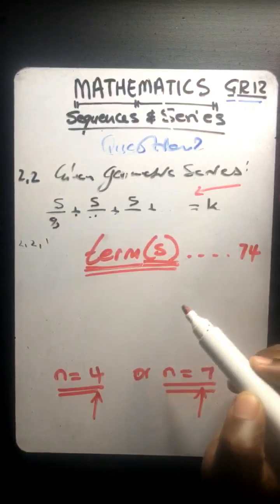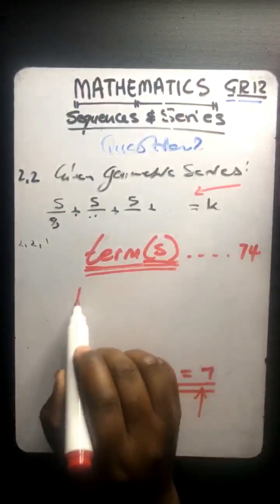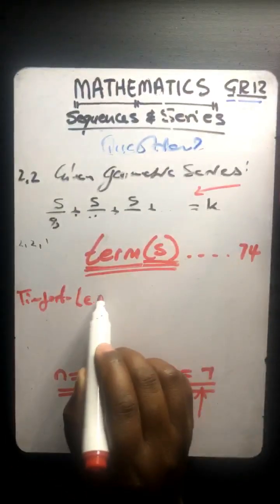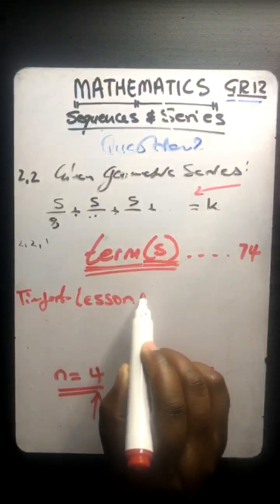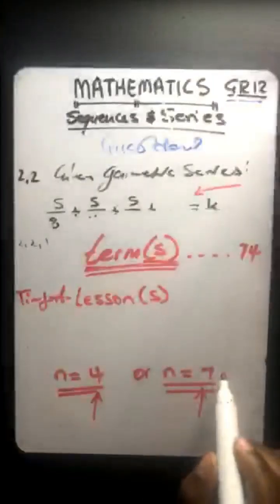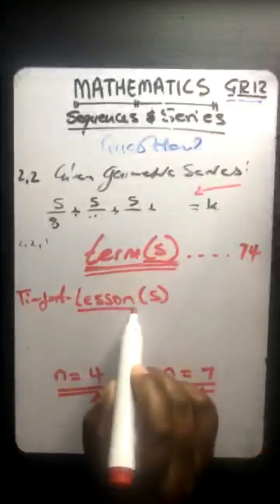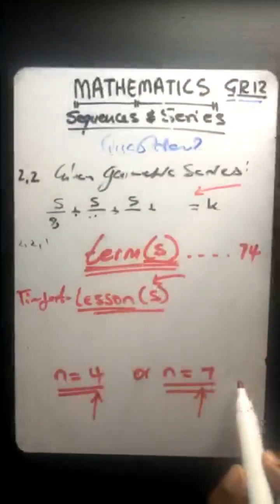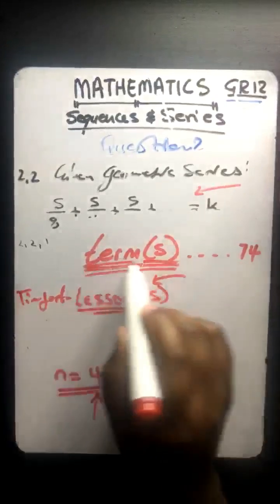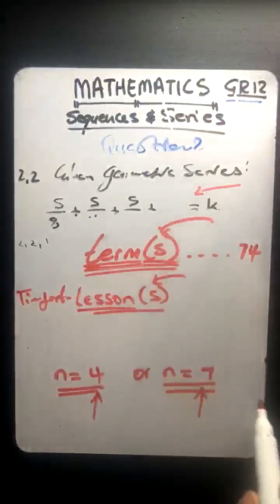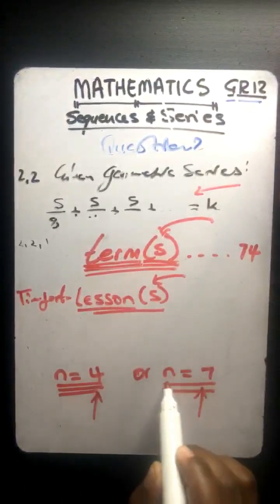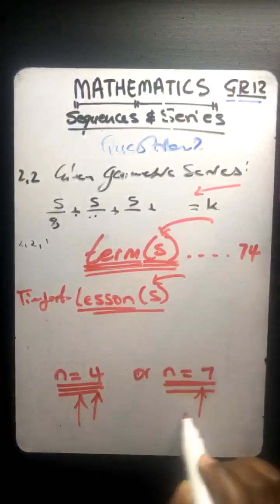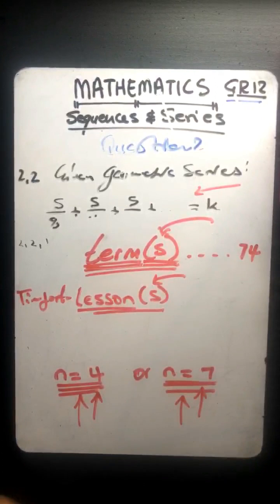That is why when I send a notification in the group, sometimes I say a lesson for 2 days, then inside the bracket I put an S. That means we can possibly have one lesson or more than one lesson because of that S. So in this case, it means you can have either one possible answer or more than one possible answer. So when you get to this situation, you don't cross any, you just leave it as it is. That means you have two possible answers to that question. Does it make sense, guys?